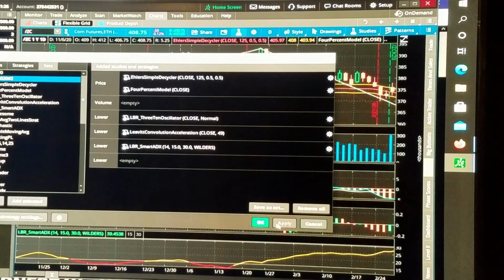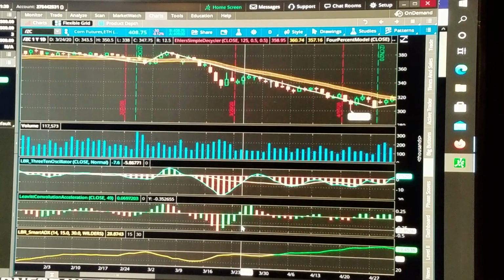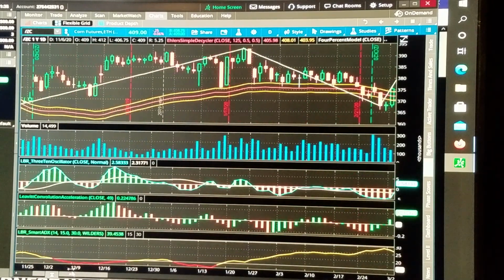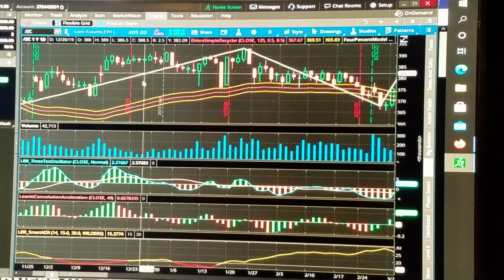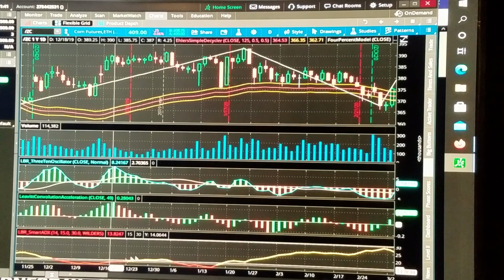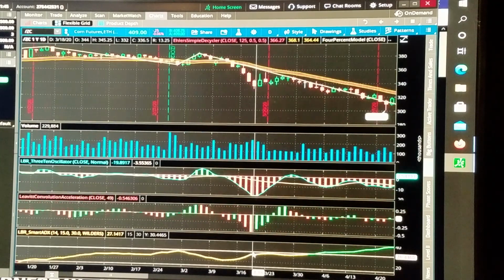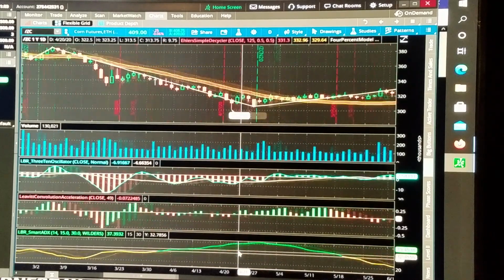We'll just check out a little something else, and we'll go back on our way. But I kind of like this LBR Smart ADX because it shows you, and you could get this put into the pattern as well. It shows you red, orange, or yellow, and then green. Kind of starting to recover.